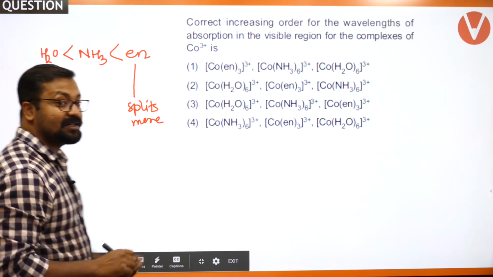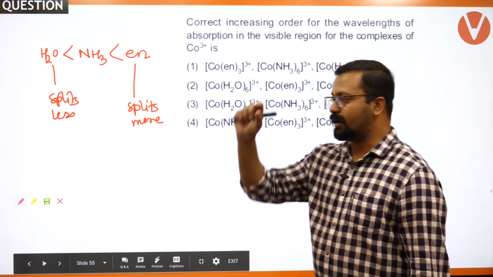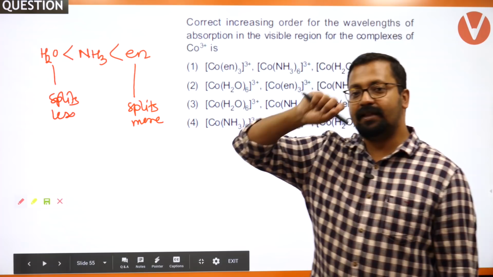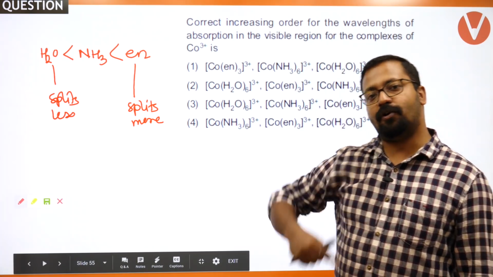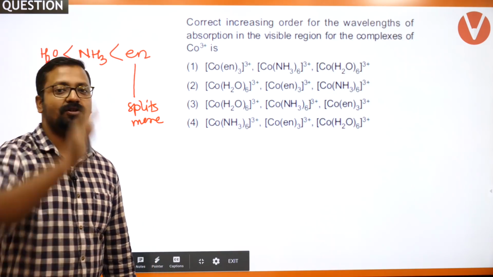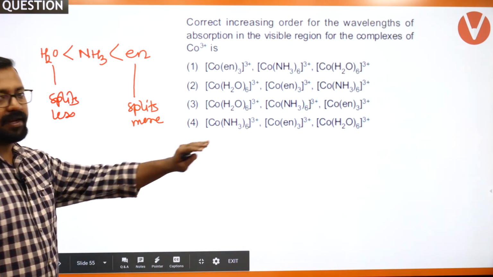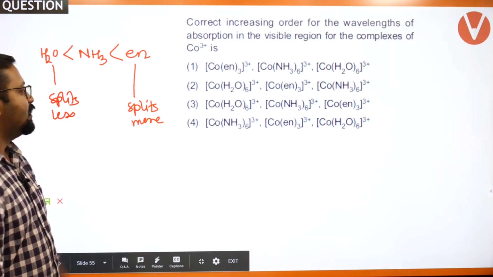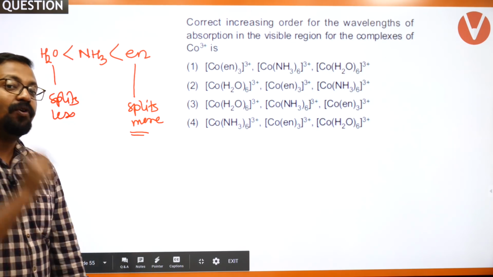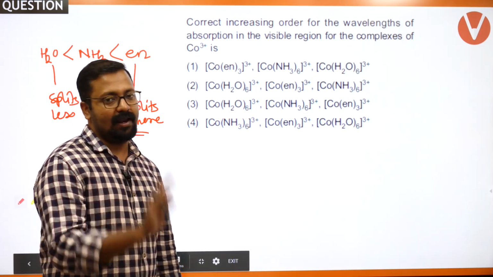What does it split? It splits the d orbital. You must have seen in crystal field splitting. So if there is more splitting, then there is more energy required for transition of the electrons from lower energy d orbital to higher energy d orbital, that means the t2g level to the eg level. So more energy will be required over here, so wavelength required for this absorption will be less.